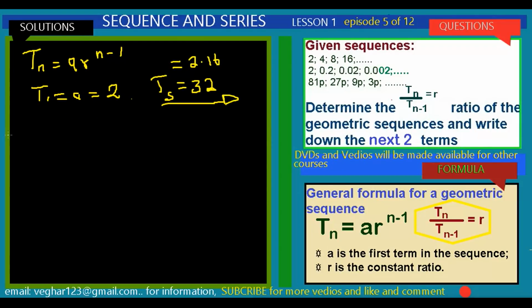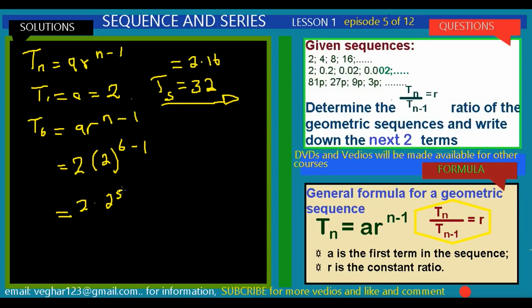Let's find the next term, term number 6. a r to the n minus 1. So a is 2, r is 2 as well, and n is 6 minus 1, which is 5.